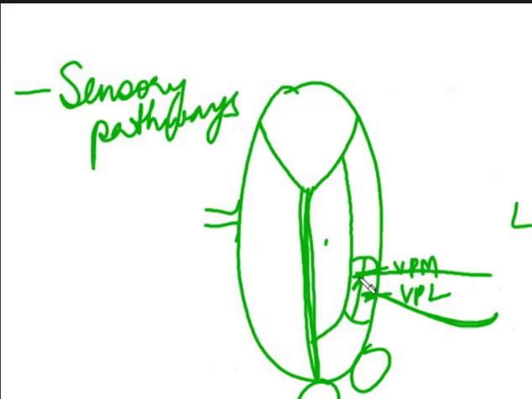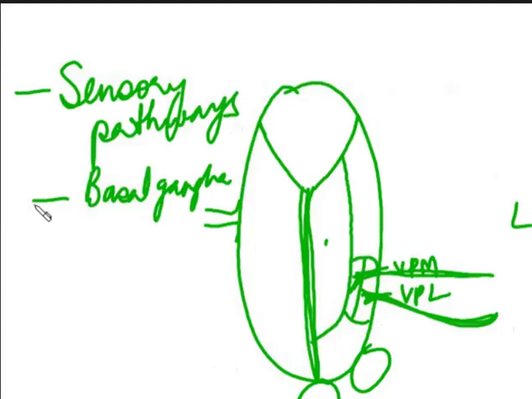So you can see up here the connection with the sensory pathway. Then it has connections with the basal ganglia and with the cerebellum. These are again very important.